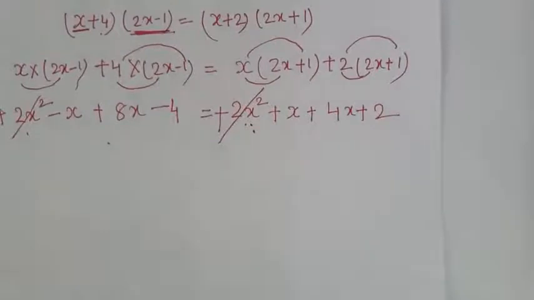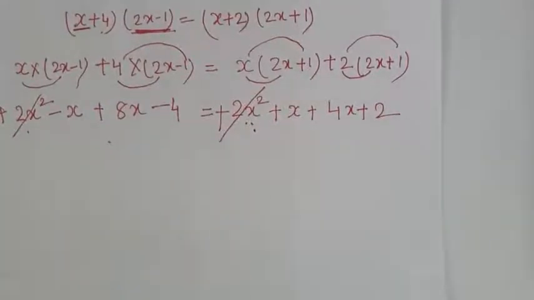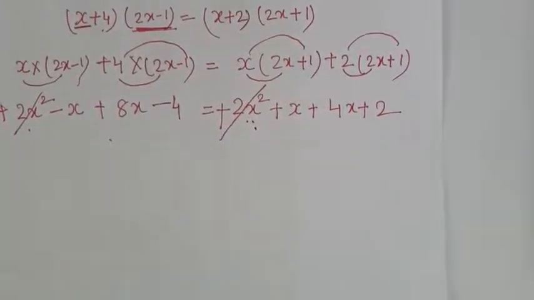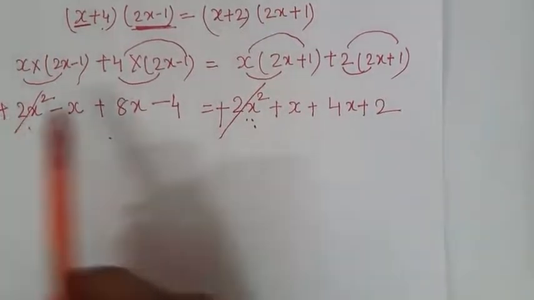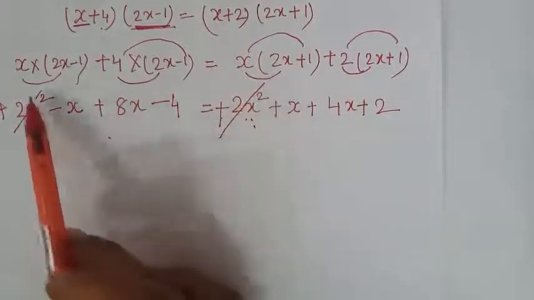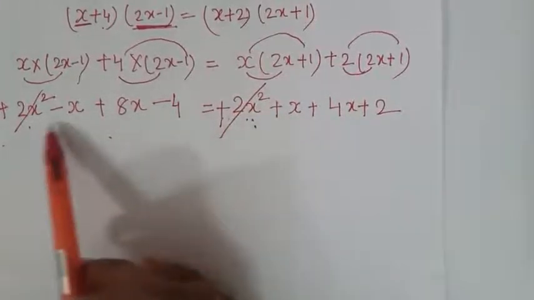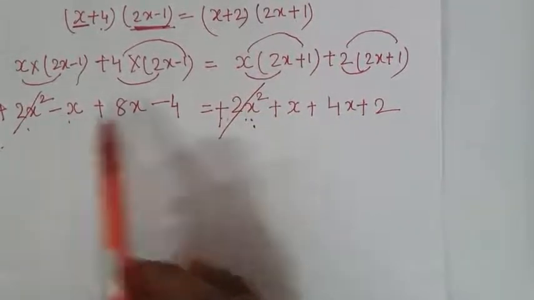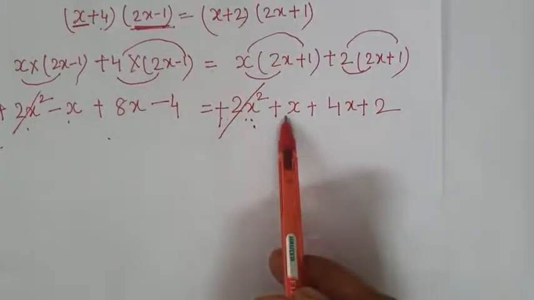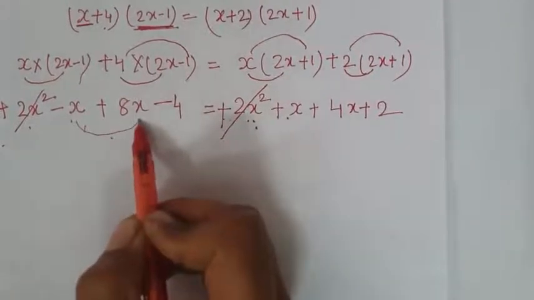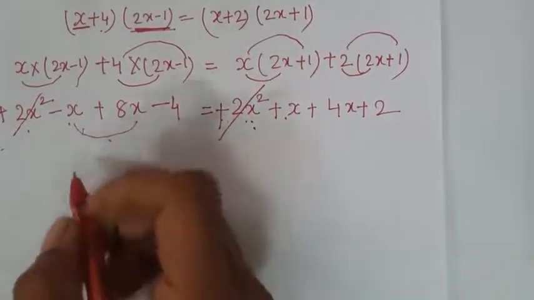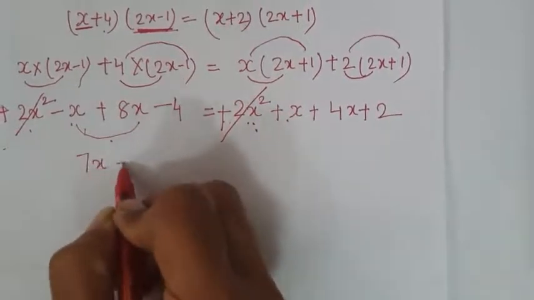But children, you cannot cancel if the sign is not the same. Keep this in your mind. This is plus, this is plus. Only then you can cancel. Now see, minus x is here, plus x is here. We cannot cancel.